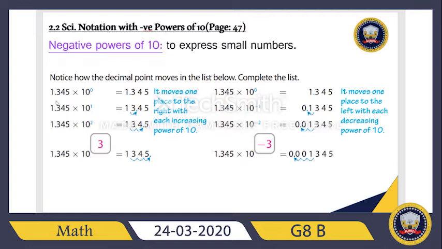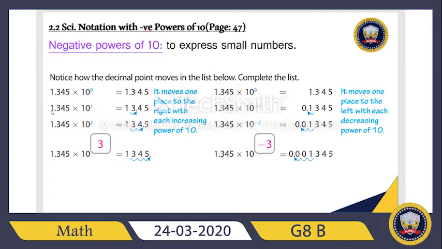I have this number as an example, 1.345 times 10 to the power of 0. Okay, it is equal to 1.345 in the standard notation. I'm not going to move my decimal point because it's 10 to the power of 0. Now here, 1.345 times 10 to the power of 1 in scientific notation.